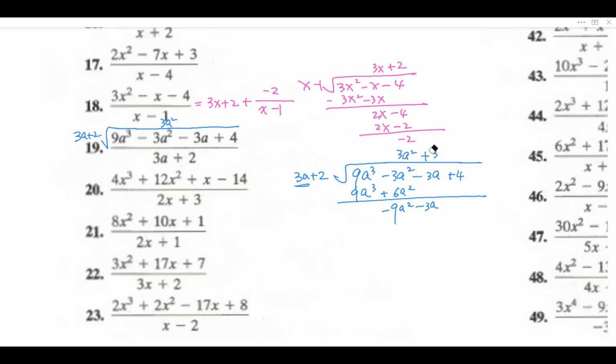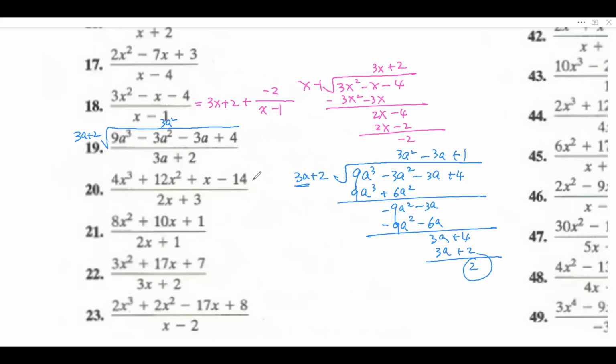You need a negative 3a, right? So you got negative 9a squared minus 6a. So you got a positive 3a. Here got 0, right? Plus 4. This one you just need a 1. You got a 2. Remainder is 2, right?